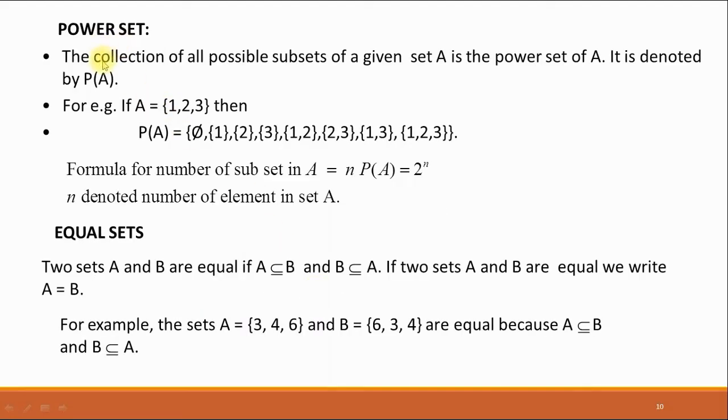Power set. The collection of all possible subsets of a given set A is the power set of A, and it is denoted by P(A).